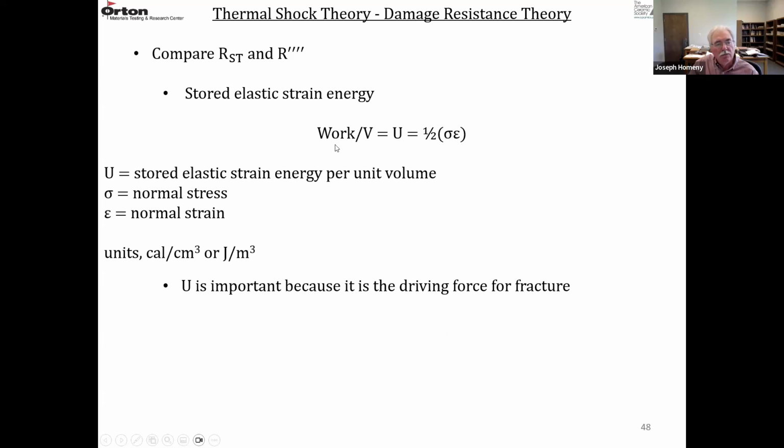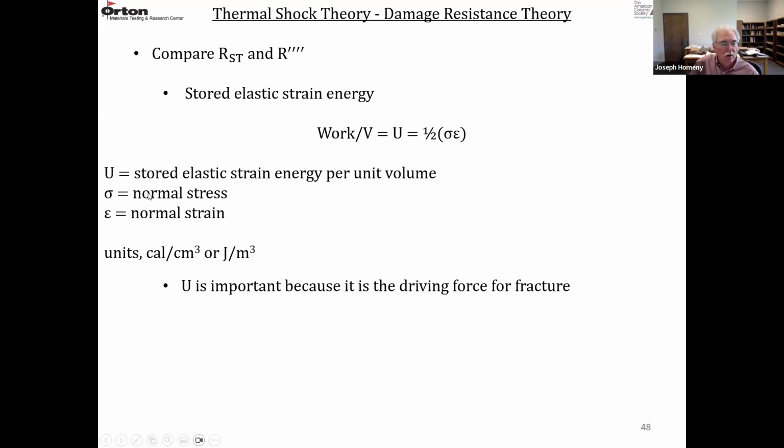So we, in previous lectures, looked at the stored elastic strain energy, the work per volume equals U, the stored elastic strain energy per unit volume. And that's just the area under a stress strain curve, 1/2 sigma epsilon.